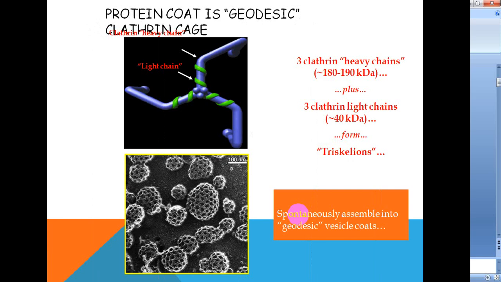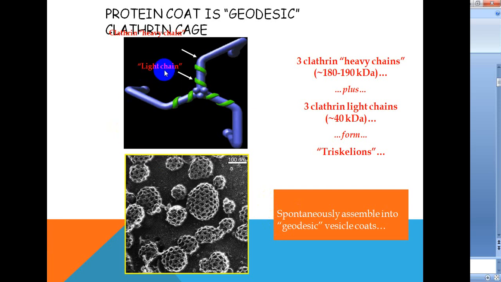Now this coat protein is made up of clathrin. This clathrin has a triskelion structure composed of 3 heavy chains and 3 light chains.